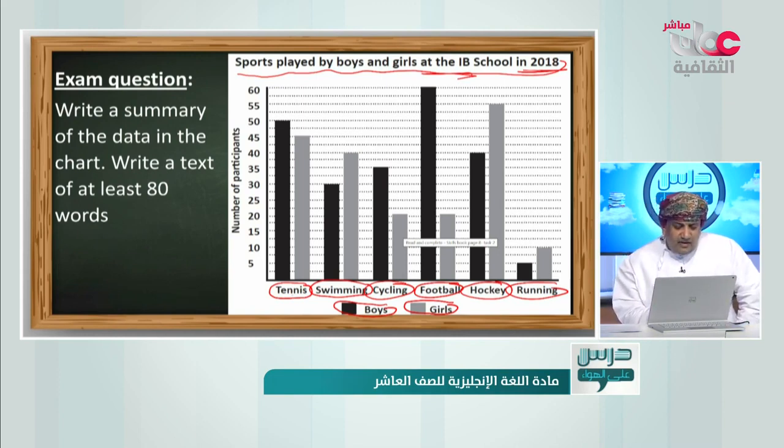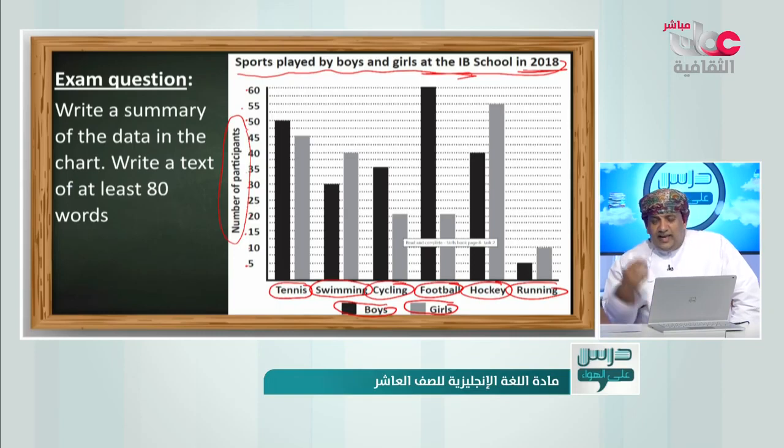We have here numbers 5, 10, 15, 20, up to 60. What are these numbers? These numbers are the number of participants, المشاركين. أرقام المشاركين في المسابقات.